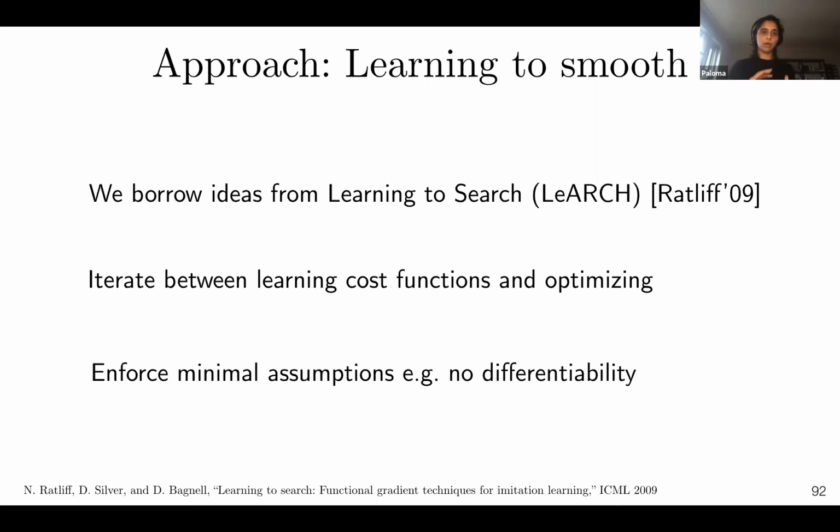And the estimation or the smoothing equivalent to this problem would be to iterate between guessing a factor cost function, running the black box graph optimizer, comparing with the ground truth trajectory, and then updating our factor parameters to make the ground truth trajectory look cheaper. And the nice thing about this method is that it does not require differentiability in the graph optimizer.